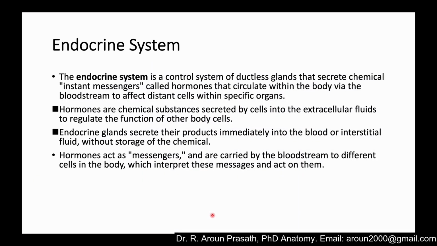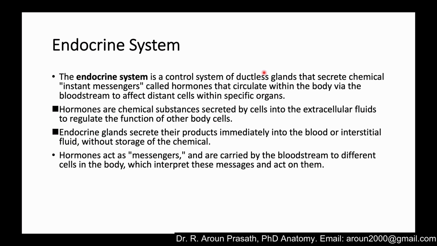As far as the definition is concerned, the endocrine system is a control system of ductless glands. You have to note down this word, ductless gland. What is the difference between glands with ducts and glands without ducts? When a gland has a tubular structure through which its secretion comes out, we call it an exocrine gland, whereas there are glands which give their secretions directly into the bloodstream.